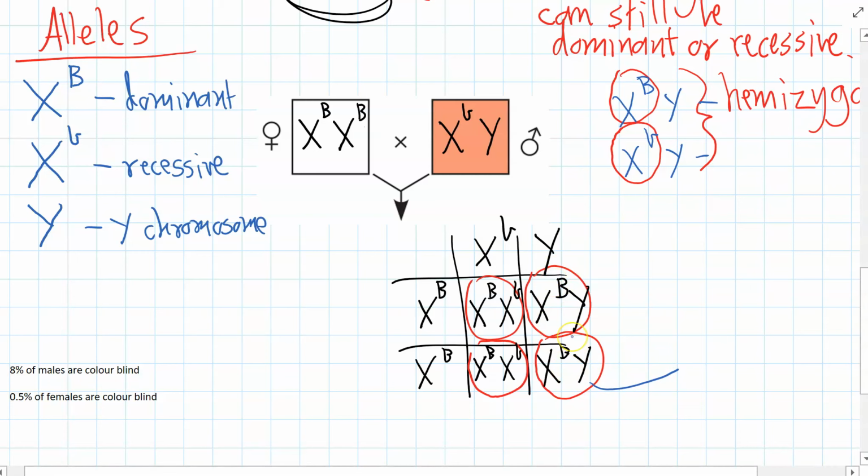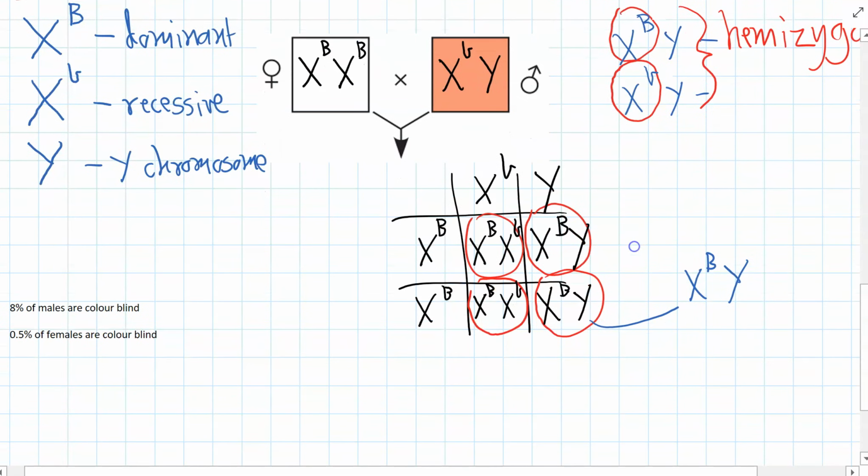The only option, if they have a boy for this couple, is to have an X with the healthy allele and a Y. So these boys are going to be normal seeing and obviously male. And then for the girls, well, they're both X big B, X little b. So they're heterozygous, but they're still normal seeing or healthy.